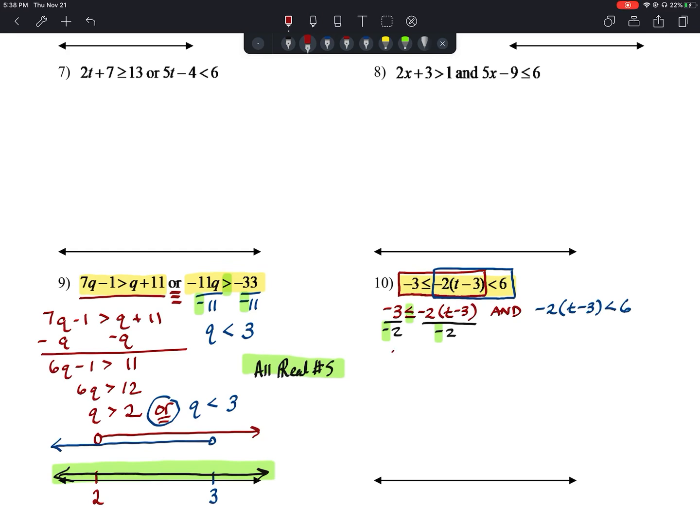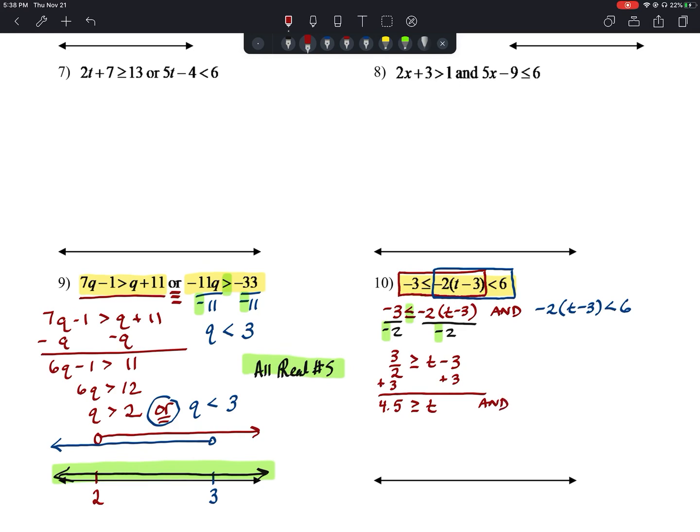So what we're looking at right now is a positive 3/2 is greater than or equal to t minus 3. If you want to get rid of the fraction, you can multiply everything by 2 if you really wanted to. I'm going to go ahead and just add 3 to each side. When I add 3 to 3/2, right, 3/2 is like 1.5, so I'm going to end up with 4.5 is greater than or equal to t.